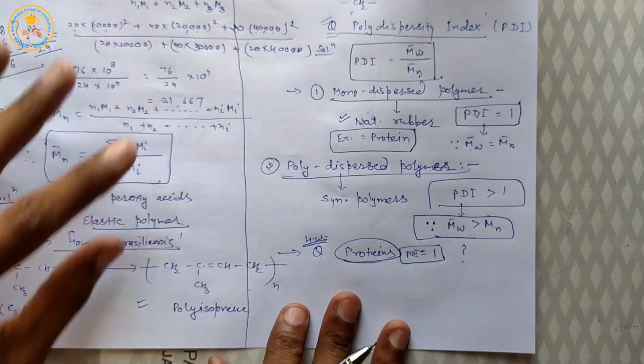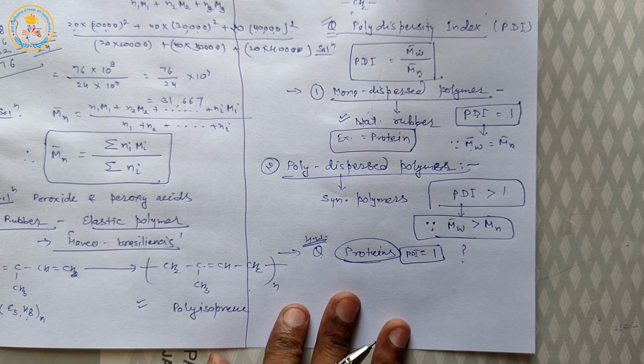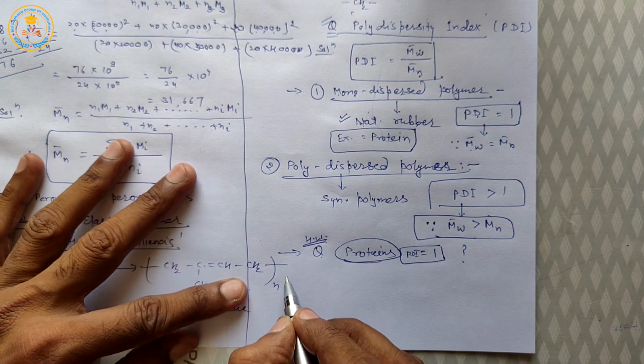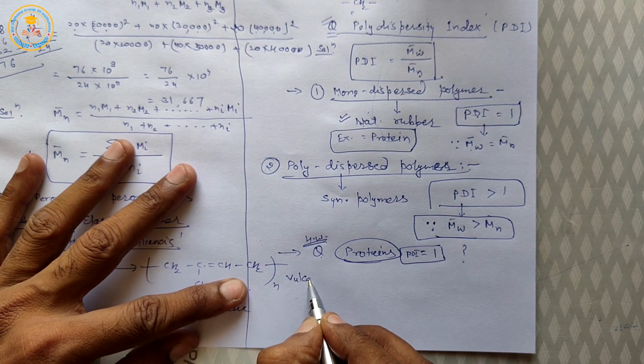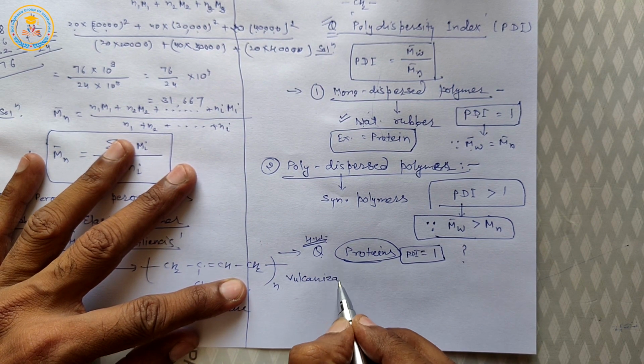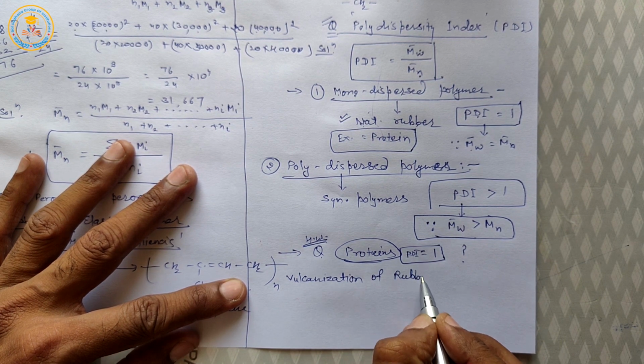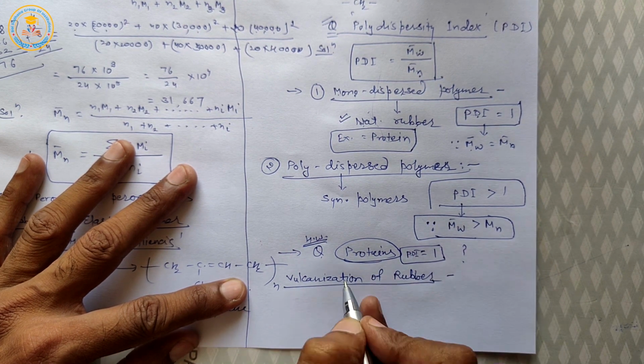Now the next point is vulcanization of rubber.